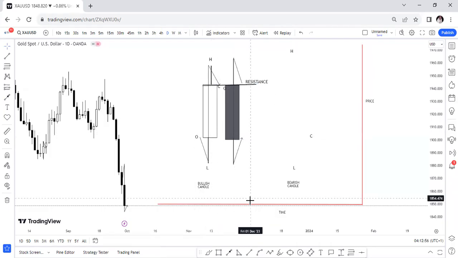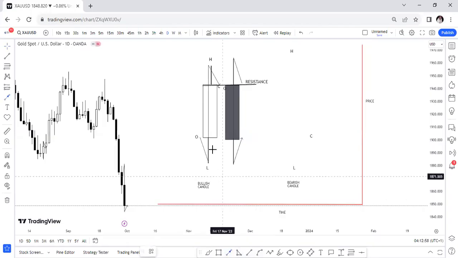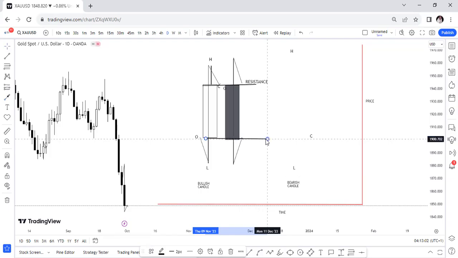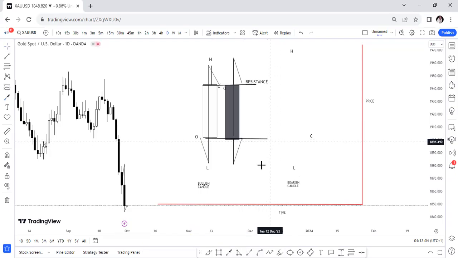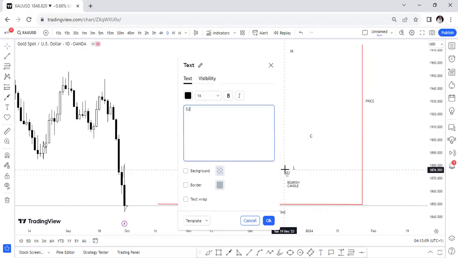This is the support level, where the market opens and closes.